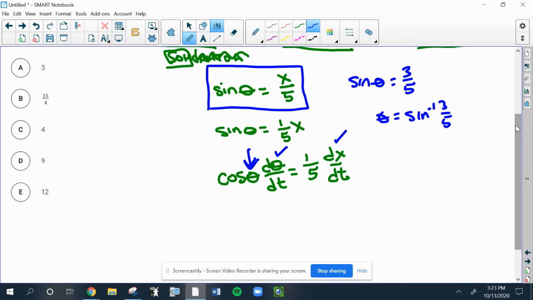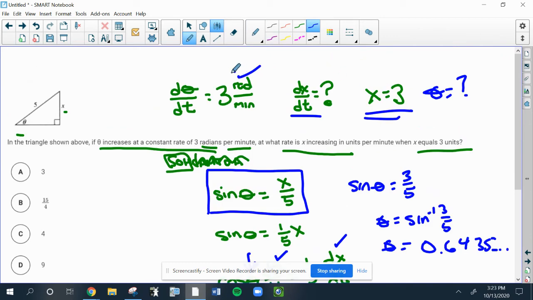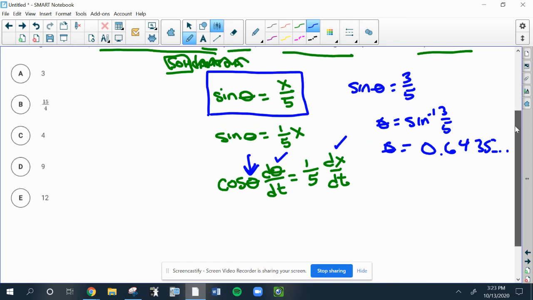So I'm going to type in inverse sine of 3 over 5. So I get theta equals 0.6435, and there's more. You must be in radian mode here. This is radians. Look, it has to be in radians, and since we're in calculus, we have to be in radians. Otherwise, the derivatives don't work.